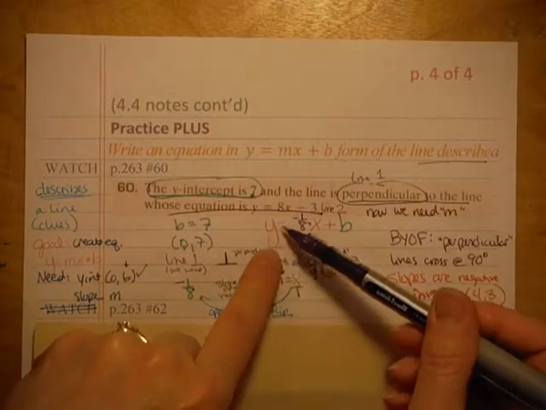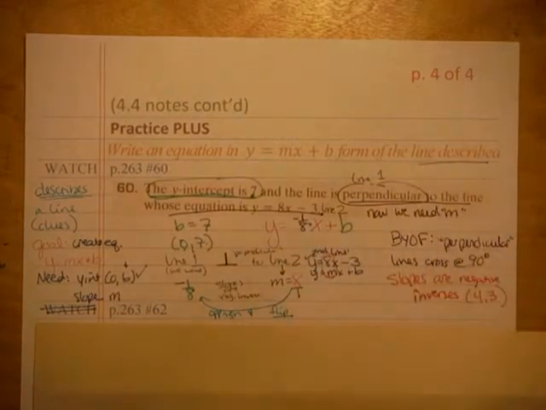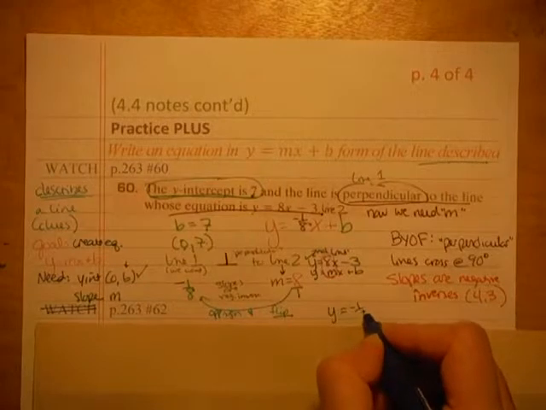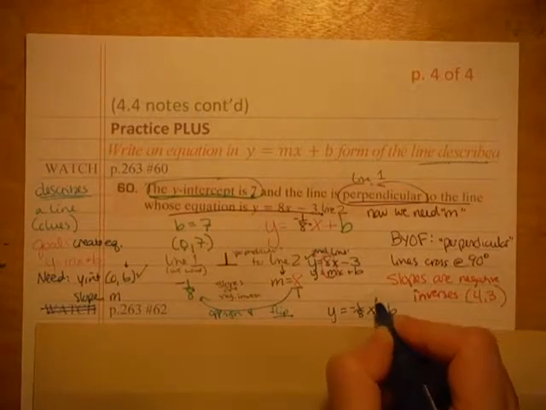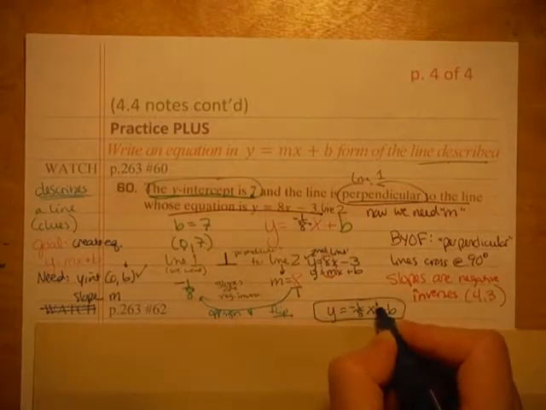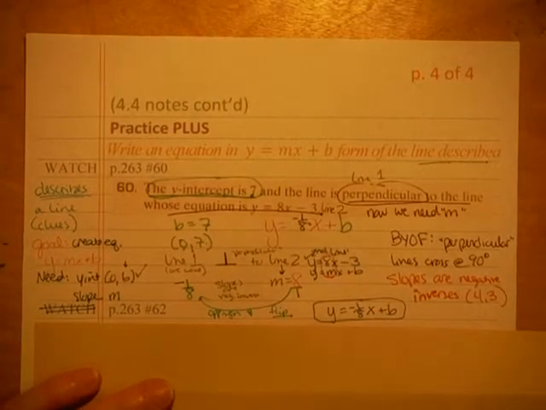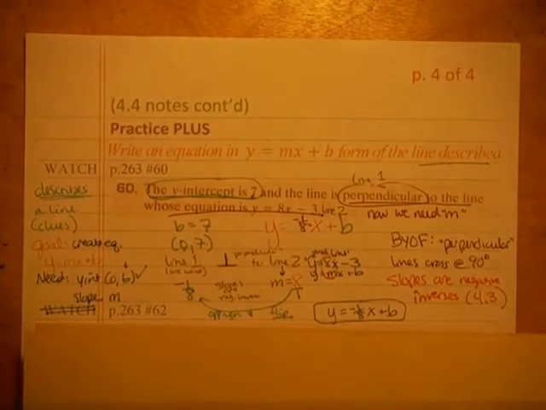Negative 1/8. Y equals negative 1/8 x plus b. So our final answer is y equals negative 1/8 x plus 7, that is the slope-intercept form of the equation that was being described. Okay, we'll see you at the bottom of the page in the next video.